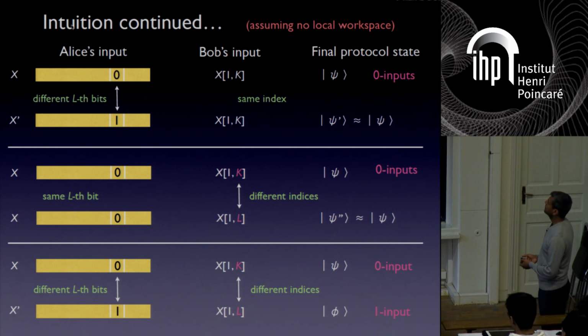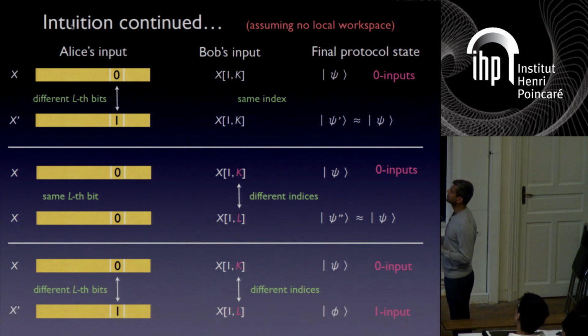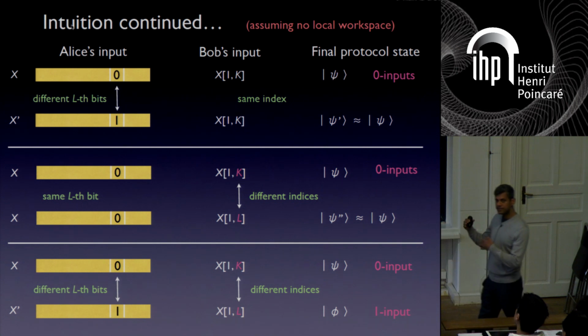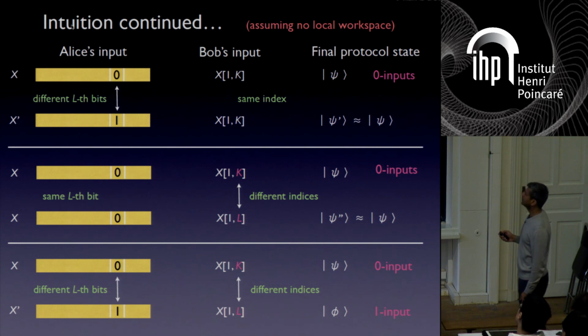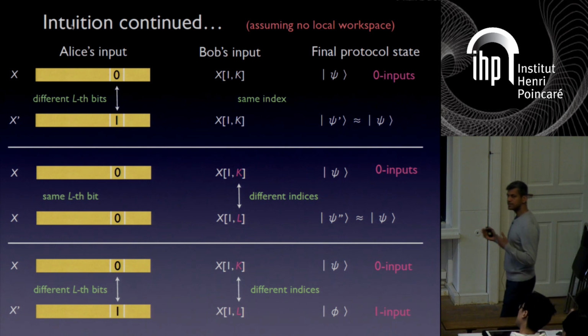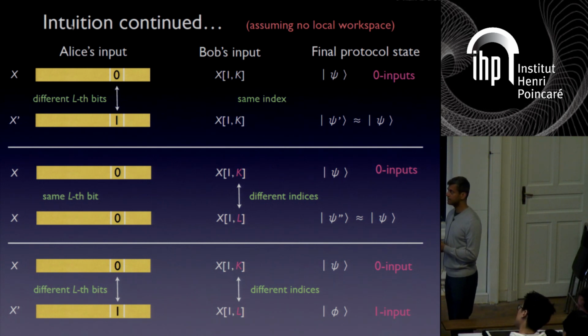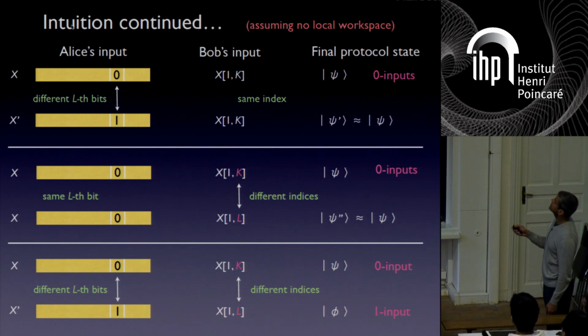So let's go back to our original goal, which is to construct pairs of inputs, one where the output is 0 and one where the output is 1, but are such that the protocol states at the end are close to each other. So the 0 input, let's call x and index k, and let's call the final state C in this case.